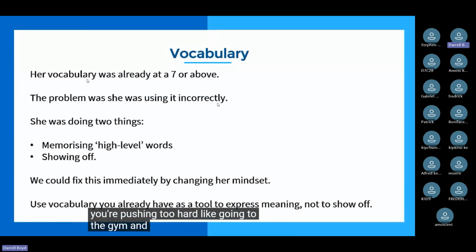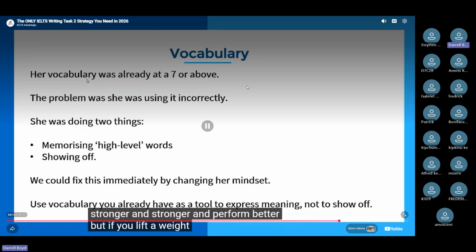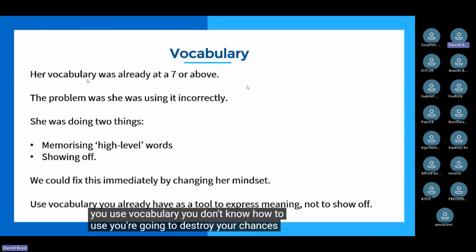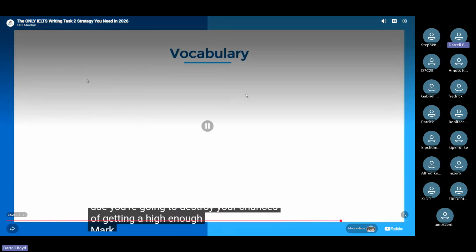Like going to the gym and lifting a weight that's too heavy for you. Lift the weights that you're capable of lifting and you'll get stronger and stronger and perform better. But if you lift a weight that's too heavy, you'll drop it on your head and kill yourself. Same with your essay. If you use vocabulary you don't know how to use, you're going to destroy your chances of getting a high enough mark.